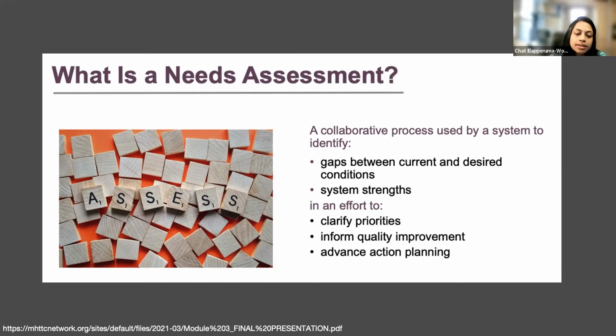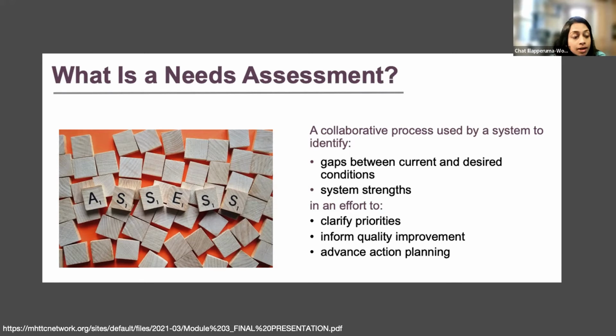A needs assessment is a collaborative process, and this could be set up by a system, within a school, within a district, or by an external agent that works closely with a school district. The purpose of a needs assessment is to identify strengths and gaps, clarify priorities, inform quality improvement, and advance any existing action planning.